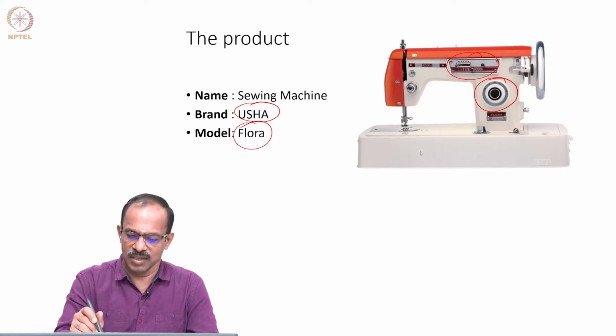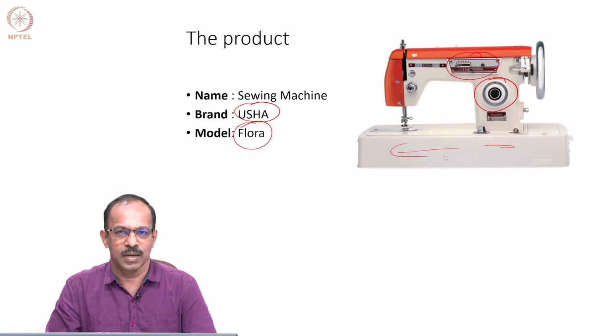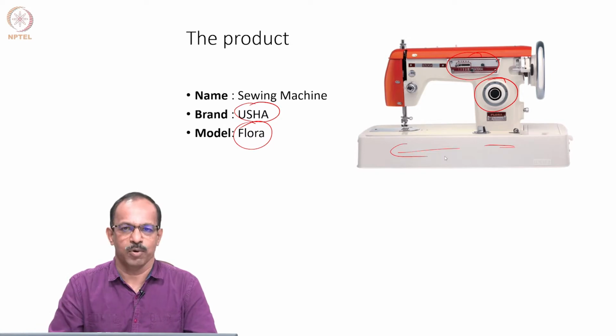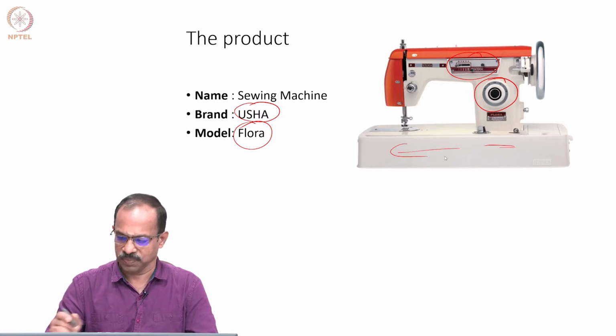Inside there are mechanisms for converting motions to different kinds of motion, and there is an electric motor attached to it, which will be powering the whole system. And as the TA explains, you will be able to appreciate the complexity of the various mechanisms used inside the sewing machine.